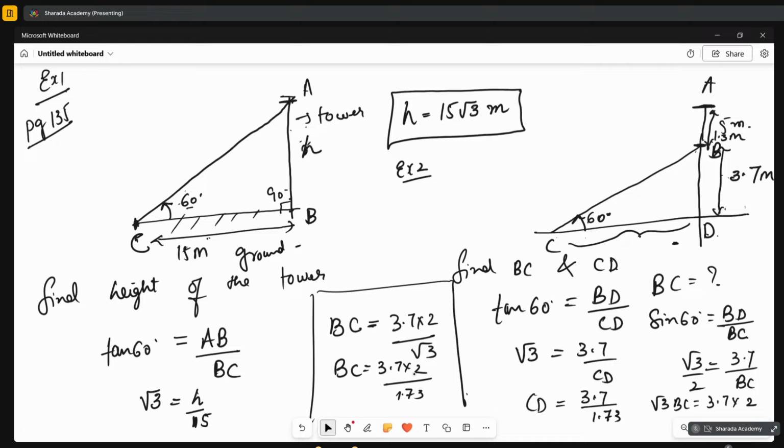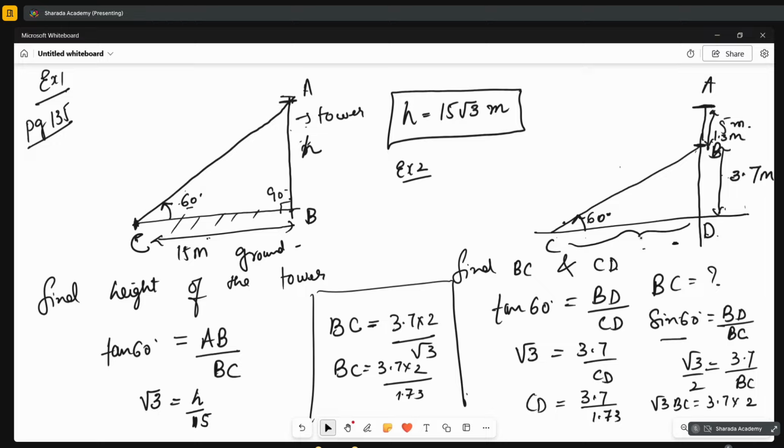Anyway, they are asking you to find both. You should find both BC and CD. BC is about 4.28. If you take sine, you will get BC first, then CD.